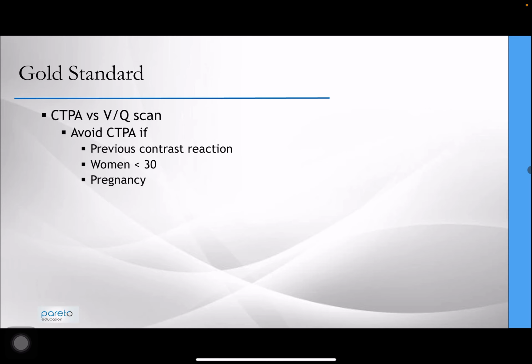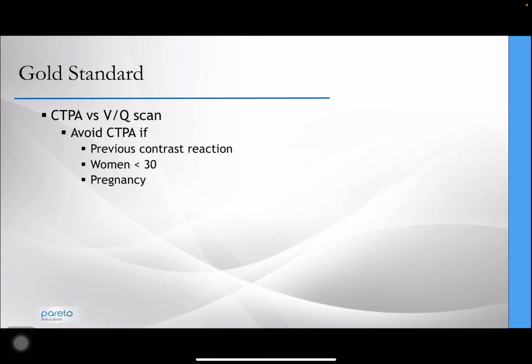Scanning. This is where most students falter. CTPA versus a VQ scan. Now I've looked at the guidance and I thought I'd just create this particular slide and simplify it as much as we can. Avoid a CTPA in a patient if they've had a previous contrast reaction, that's the more obvious one, if they are a female under 30 years of age, that's important, or if they are pregnant.